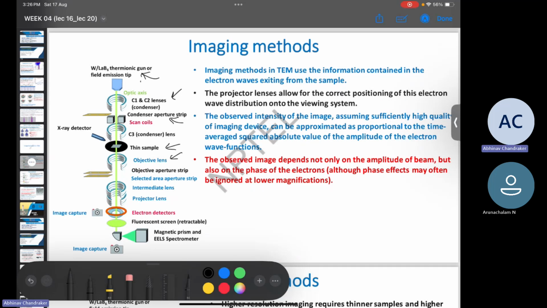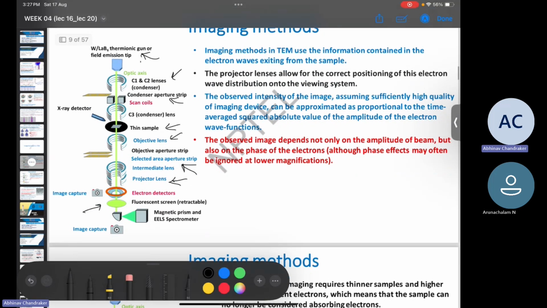Then we have objective lenses and objective aperture, selected area aperture. Then we have intermediate and projector lens for projecting the image. And finally, we have a fluorescent screen for showing the image. And then we have some detectors which can collect the signal, and which we can later use to form the image and analyze our specimen.